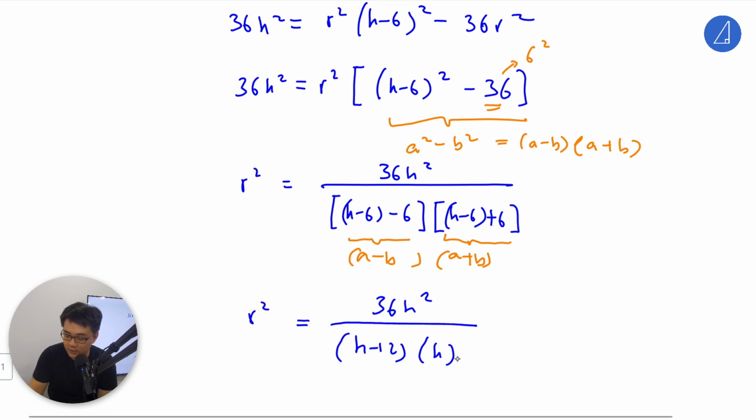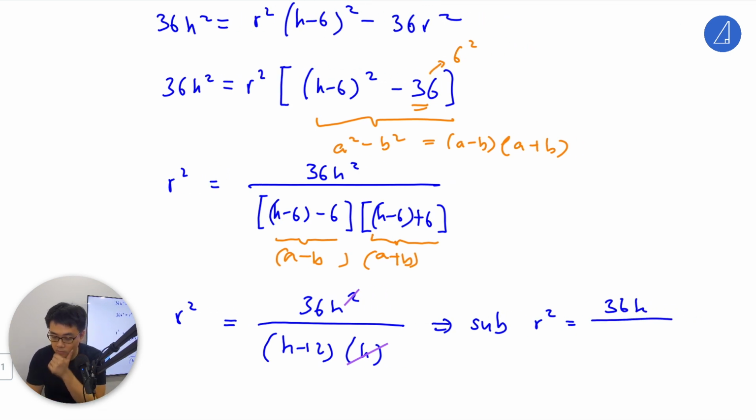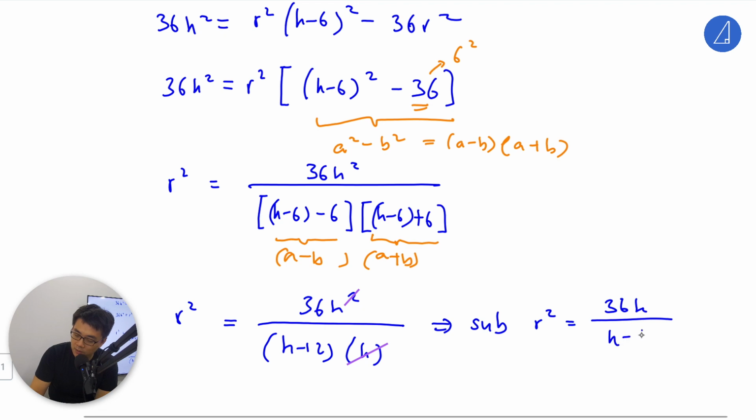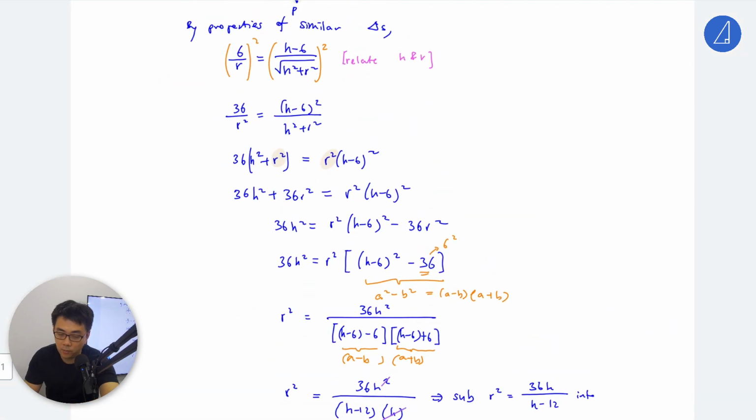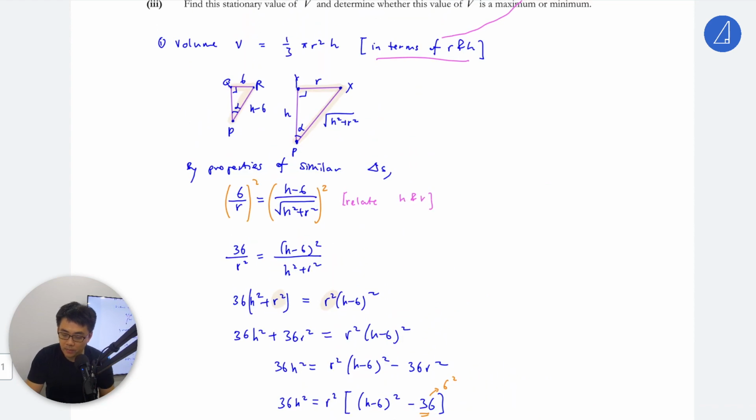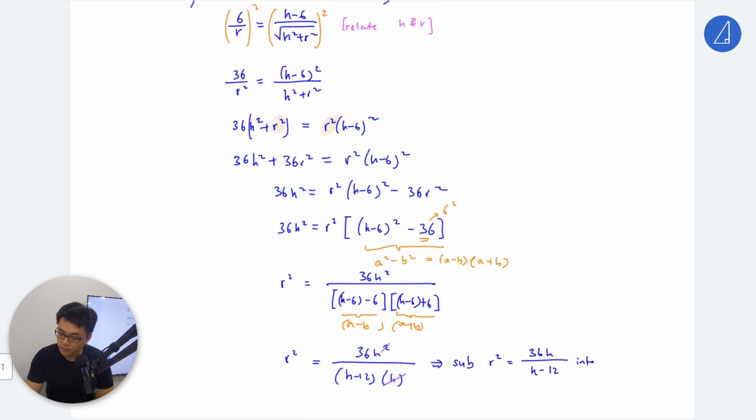So we cancel off this one and this one. We just sub. So essentially, sub r square equals 36h over h minus 12 into 1/3 pi r square h.